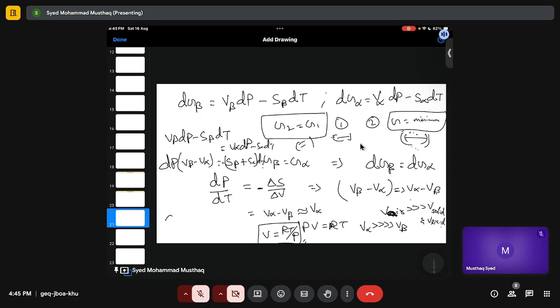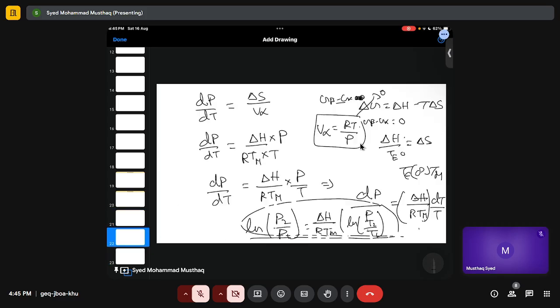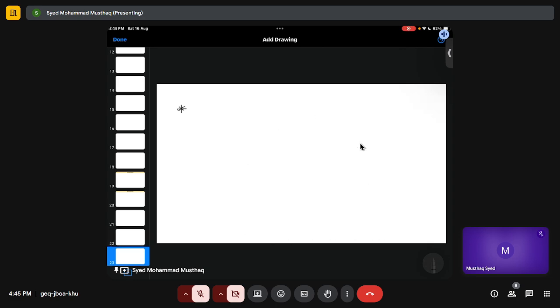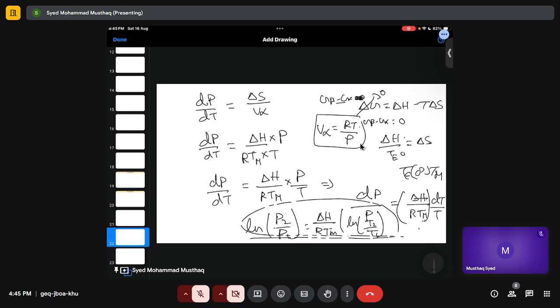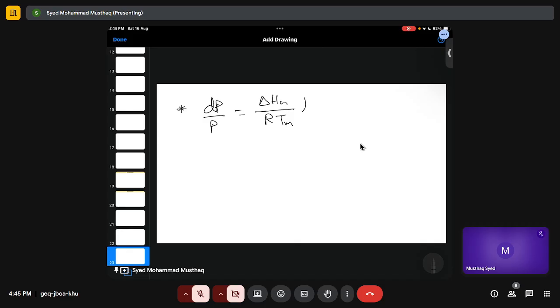So dP upon dt will be minus delta S upon delta V. And then you have dP T is delta H heating T melting dt upon P.